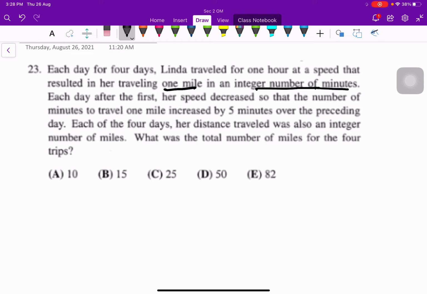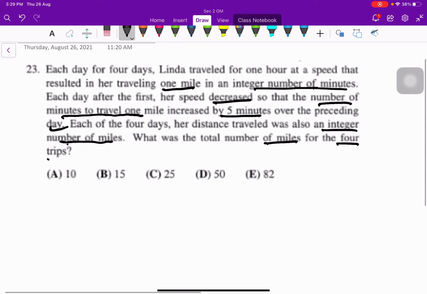Each day after the first, her speed decreased so that the number of minutes to travel 1 mile decreased by 5 minutes over the preceding days. Each of the 4 days, her distance traveled was also an integer number of miles. What is the total number of miles for the 4 trips?